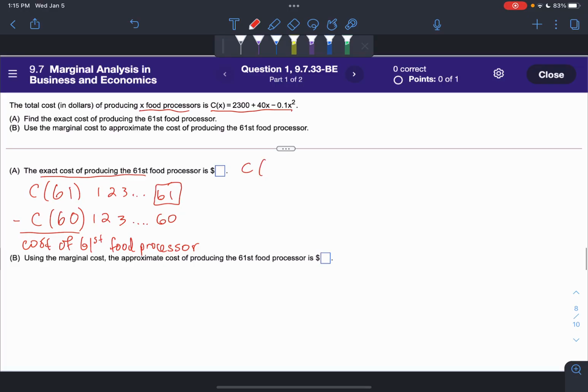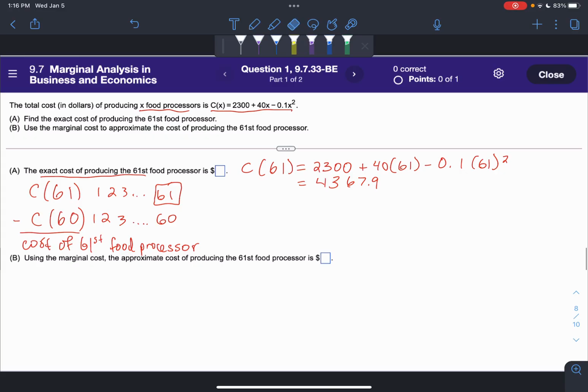So to find the cost of the 61 processors, we're going to plug in 61 into our cost function. So 2300 plus 40, plug in 61 for x, minus 0.1 times 61 squared. You can do that in the calculator. Hope you won't do that by hand because that's a lot, but it's 4367.9. All right, so that's the cost of producing 61 food processors.